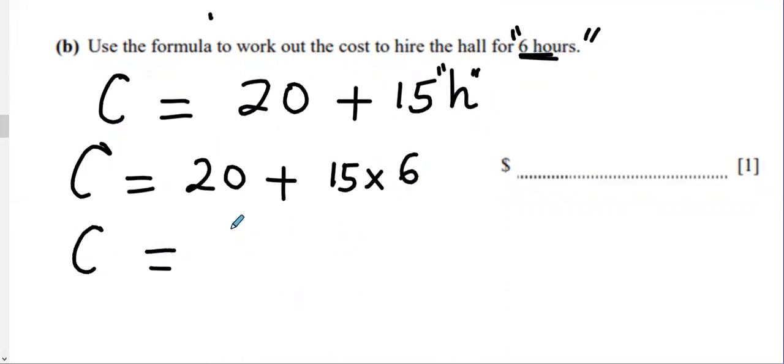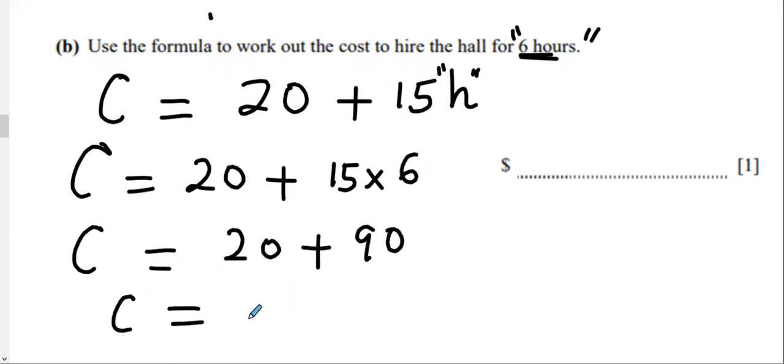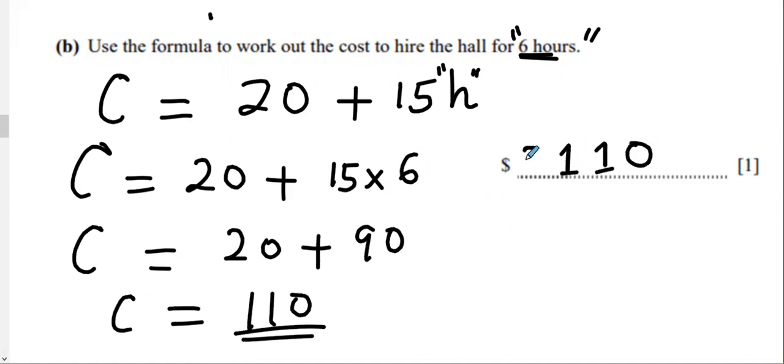This will be C equals 20 plus 15 times 6, which is 90. Then when you add those, you get $110. So the cost here will be $110. Don't put a dollar sign there because the dollar sign is put for you, so just write the number 110.